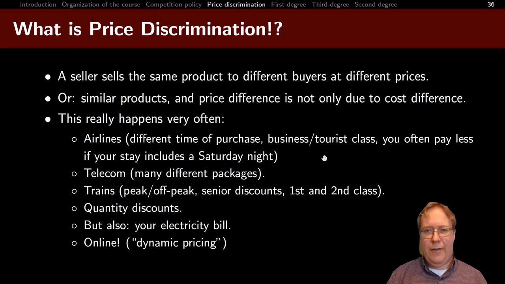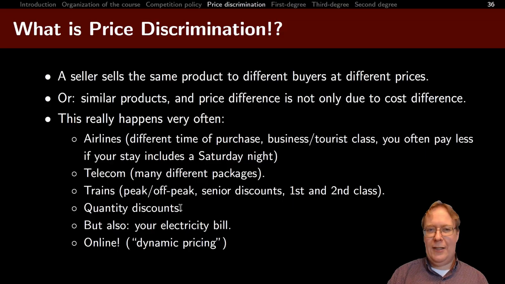So that's where that definition kicks in. Again, when you travel, how you travel, whether you're a student, whether you're a senior citizen, whether you have a yearly travel card, all that affects the price that you pay for your train ticket.